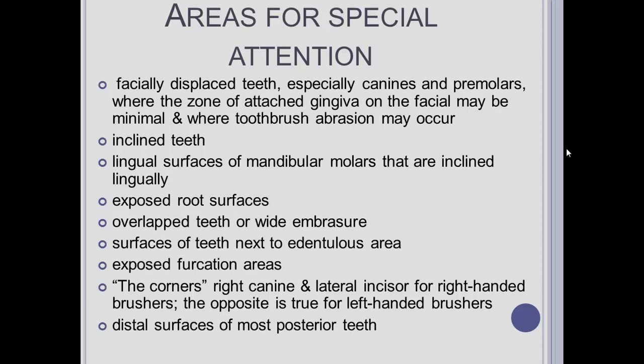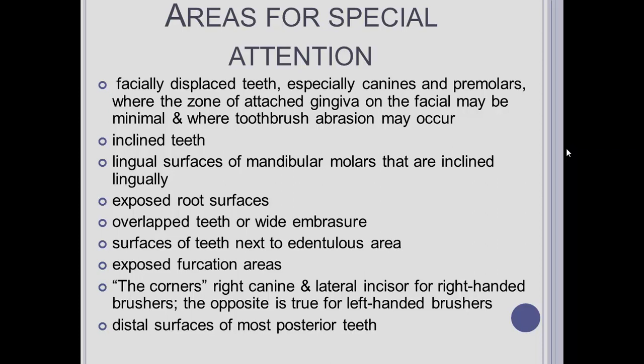Some areas that tend to get in trouble are teeth that are displaced facially. So if they're tipped facially, they may get overbrushed, whereas a tooth that's lingual will be missed. Okay, inclined teeth can also be a little more difficult. Exposed root surfaces are a little more work to keep clean.